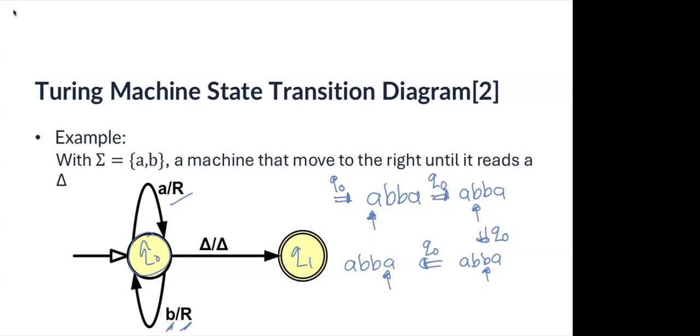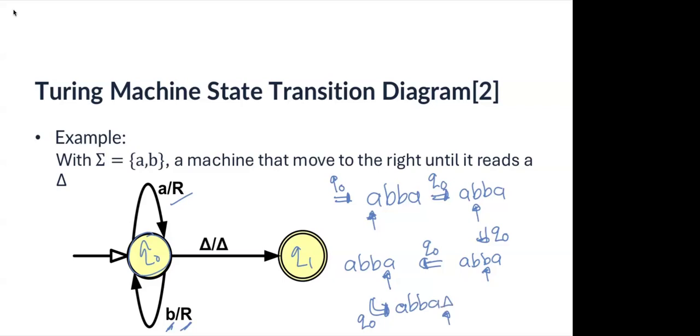Here we read A, so we are still in Q0, the input tape is the same, and we move to the right. Now we have delta.